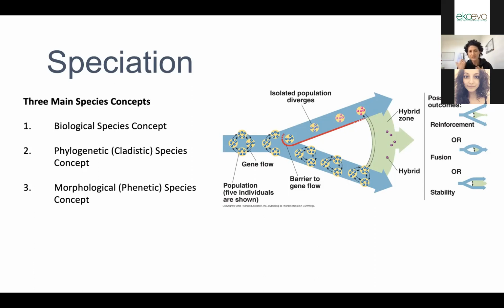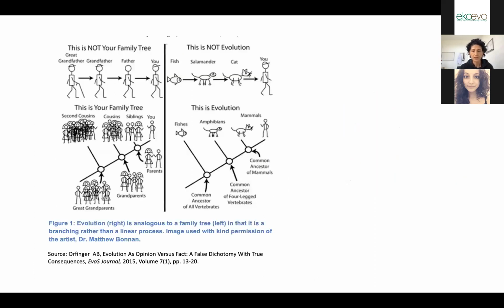The last one, the phenetic species concept. According to that, individuals of the same species have to have the same phenotype, but there are also, of course, as you know, cryptic species. So it's not a very effective way to describe the species.